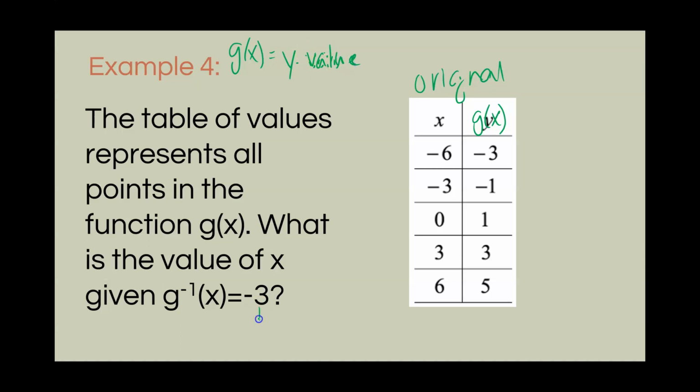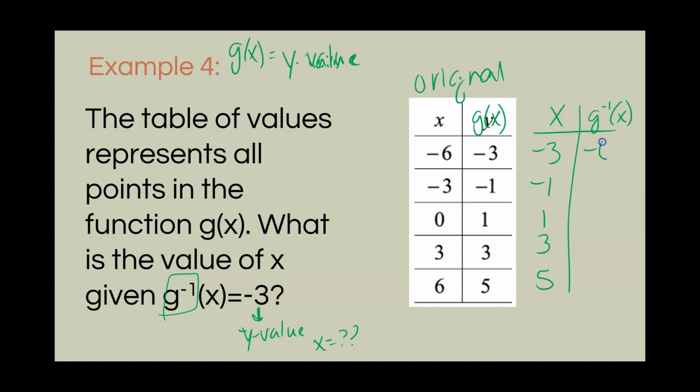So this is saying that when -3 is my y value, I want to know what my x value is, but on the inverse graph. So we've got to make the inverse table. Switch all your points. So when my y value is -3, what's the x value? -1. And that's your answer.